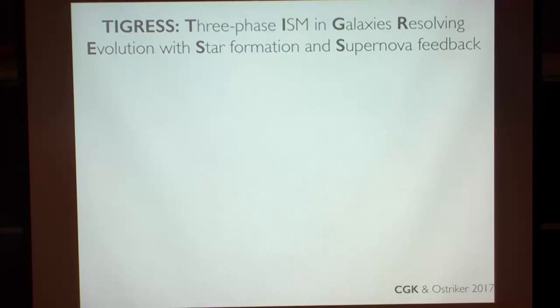We called it TIGRESS, which stands for the three-phase interstellar medium in galaxies resolving evolution with star formation and supernova feedback. What we want to emphasize here is that we now have an interstellar medium with three phases, including hot gas heated by supernova shocks, and we actually resolve star formation.